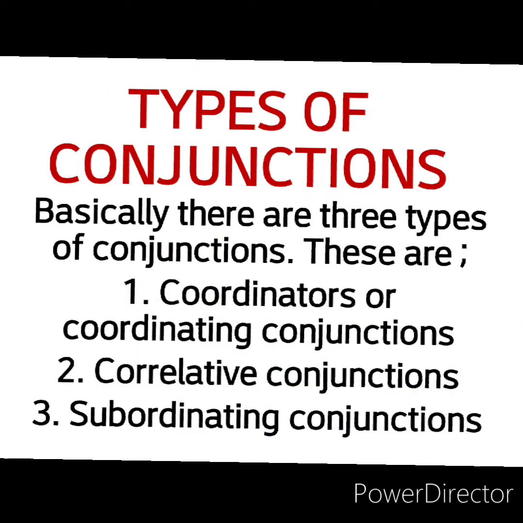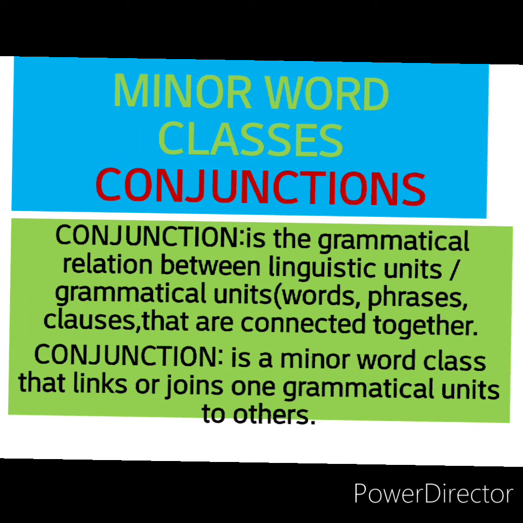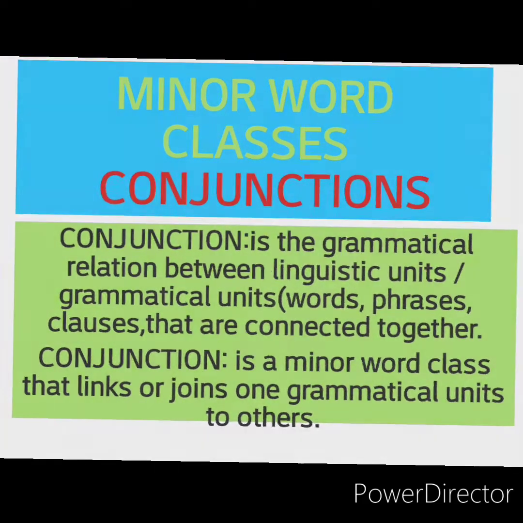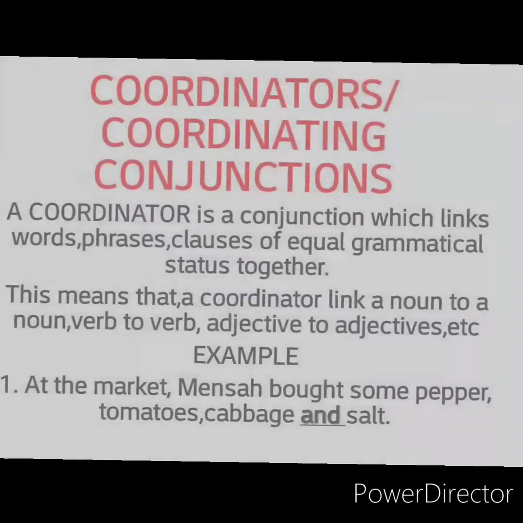Right, let's move on to the types of conjunctions. Basically there are three types of conjunctions. These are coordinators or coordinating conjunctions, correlative conjunctions, and then subordinative conjunctions. Let's pick them one after the other and look at them. So let's look at the coordinators or coordinative conjunctions.